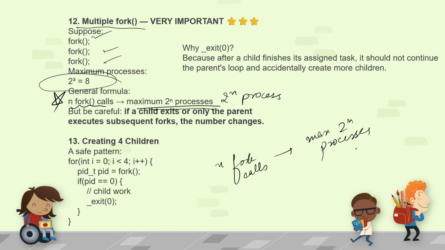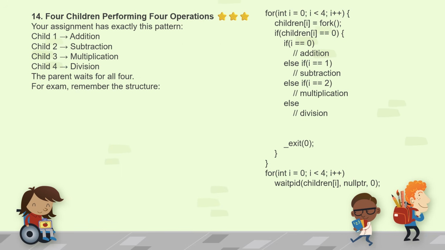Similarly, with the process we've understood, we'll be creating 4 children using a for loop. Next, 4 children performing 4 different operations. This is an important question from a lab exam point of view, where you'll be given an assignment with 4 children: addition, subtraction, multiplication, and division. The parent waits for all 4.